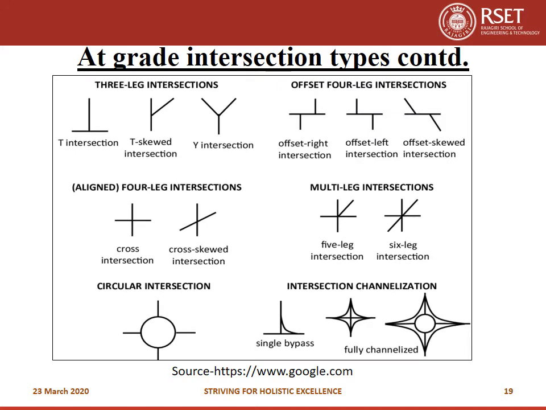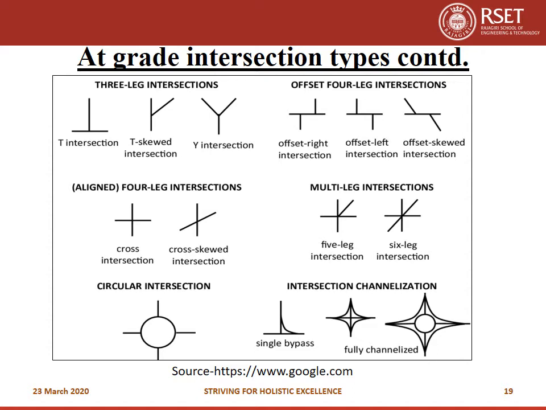Here also you can see different types of at-grade intersection. T intersection is meeting at right angle, and if the T is not meeting at right angle, then it is known as skewed T intersection. When the angle of intersection is 90 degree, it is known as cross intersection, and if it is not 90 degree, then it is known as cross skewed intersection.